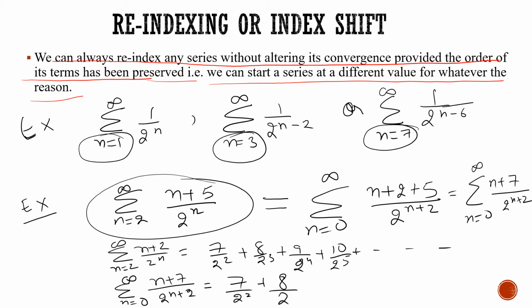So it says that you can reindex the series from wherever you want and for whatever reason you want to reindex. It's your choice, but for every series you can do that.